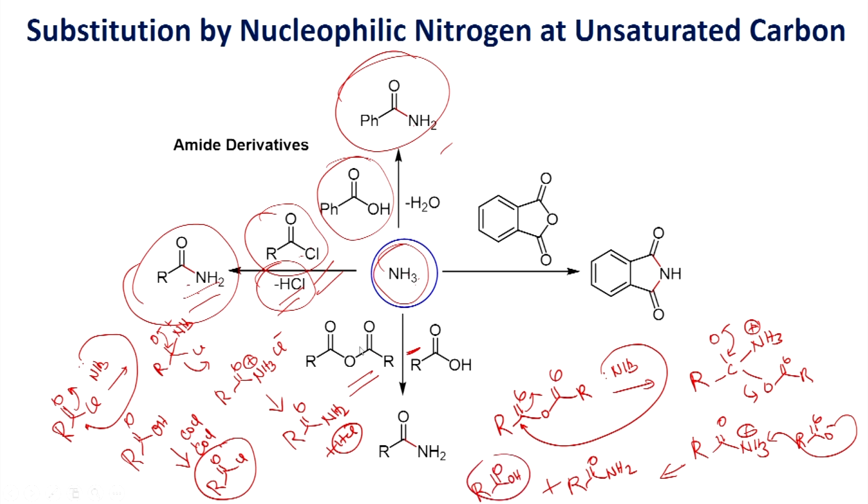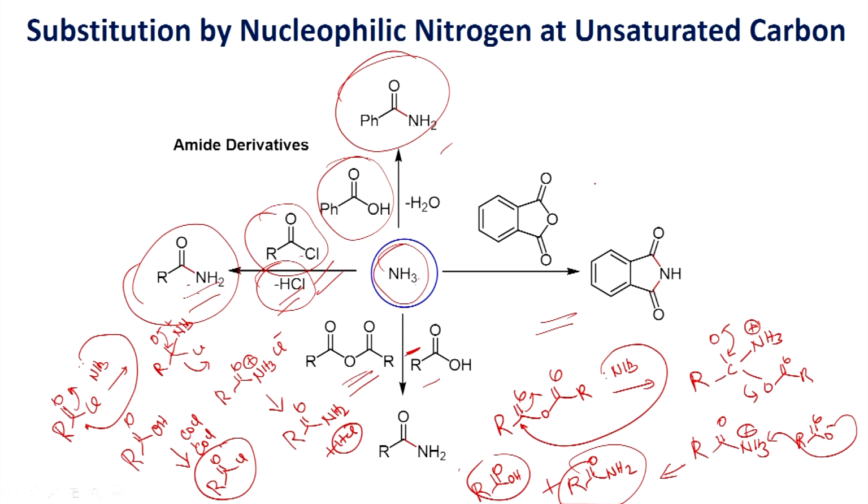So, if you use acid anhydride as a substrate, it can also readily undergo reaction with your amine or ammonia, in this case ammonia. You will be able to form the amide as a product, where you generate one equivalent of carboxylic acid as a byproduct. This is another example, which is similar to this anhydride substrate.